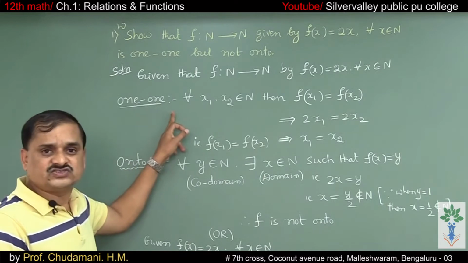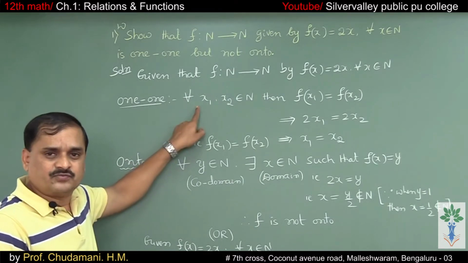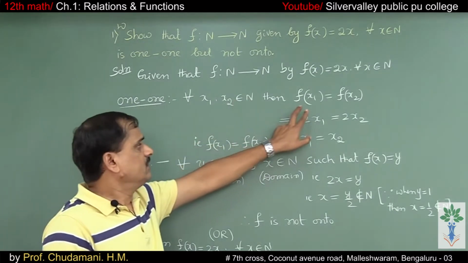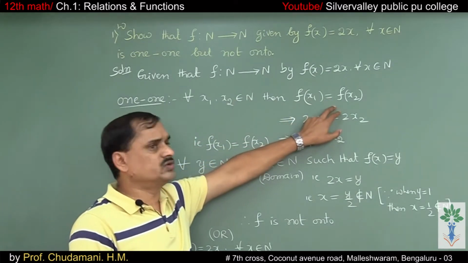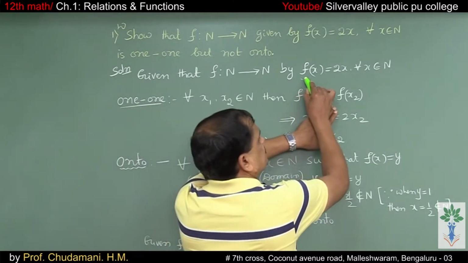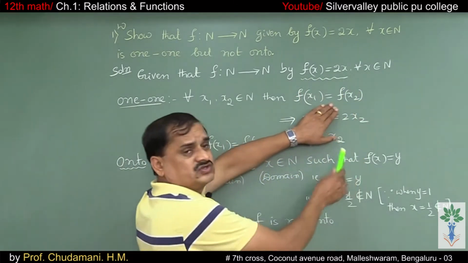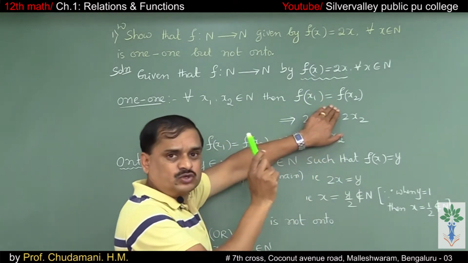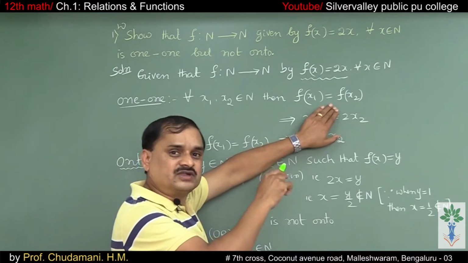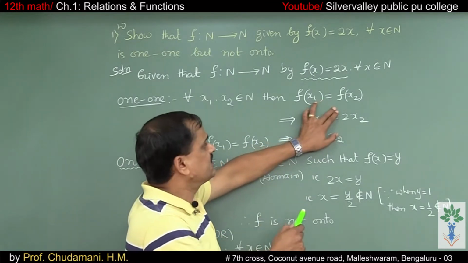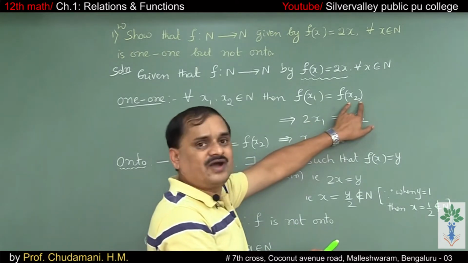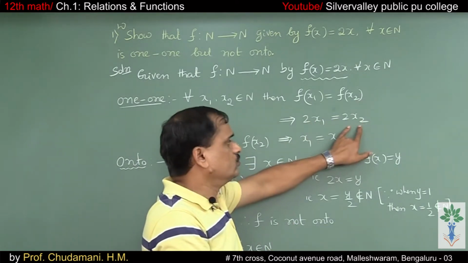Now let us verify one-one. For all x1, x2 belonging to N, f of x1 is equal to f of x2 implies, see, f of x is defined as 2x, f of y means 2y, f of z means 2z. Similarly, f of x1 means 2x1, f of x2 means 2x2.